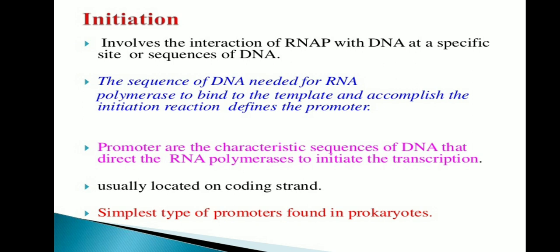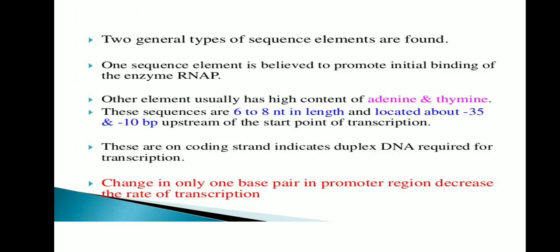The simplest type of promoter is found in prokaryotic systems. There are two general types of sequence elements found in the prokaryotic system. One sequence element is believed to promote the initial binding of the enzyme RNA polymerase. Other elements usually have a high content of adenine and thymine.